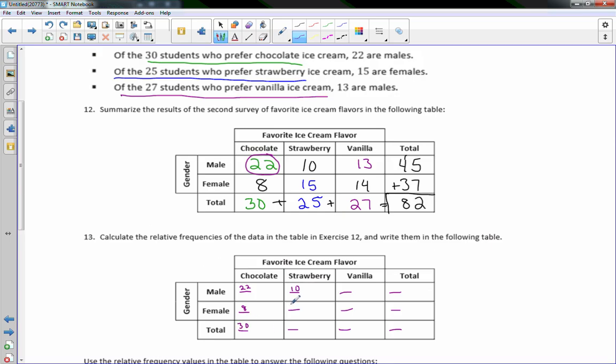And 10, and 15, and 25. I'm just putting my numbers in the numerators over here. 13, 14, 27, 45, 37, and 82.